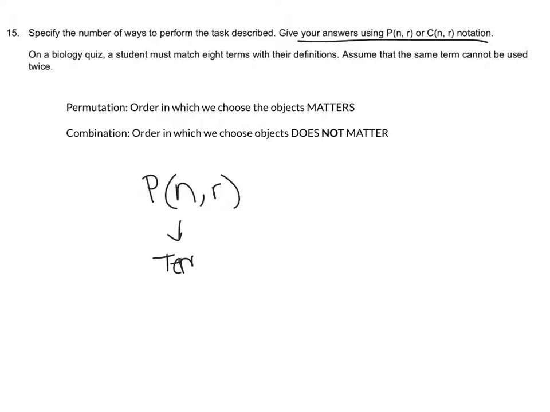And the problem tells us that we have 8 terms. So N equals 8. R are the number of definitions that we can choose from. And since there's one definition for each term, and there's 8 terms, we also have 8 definitions. So R is 8.